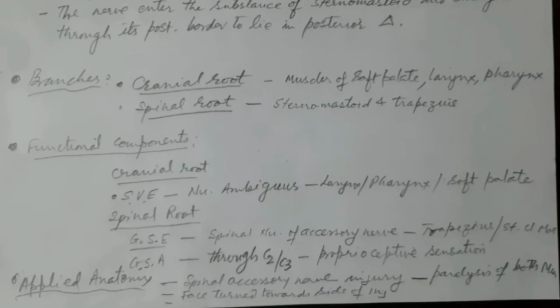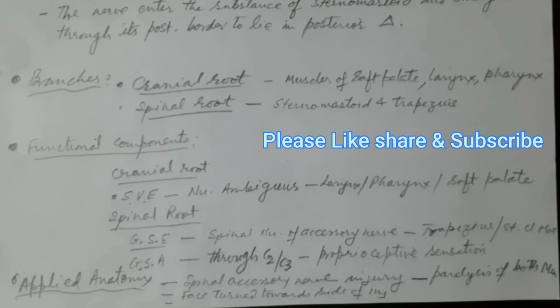Because the right side nerves are damaged, my face will turn towards the right side itself. I will start looking towards the right side, and this is because the sternocleidomastoid and trapezius of the opposite side, that means the left side, will contract. They will contract because there is no opposing muscle.